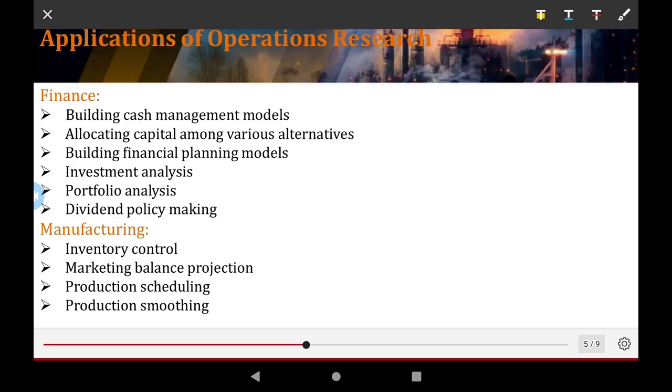Operation research is also used in manufacturing operations, okay. Suppose in the manufacturing industry, inventory and control. Inventory models are used for inventory control systems.